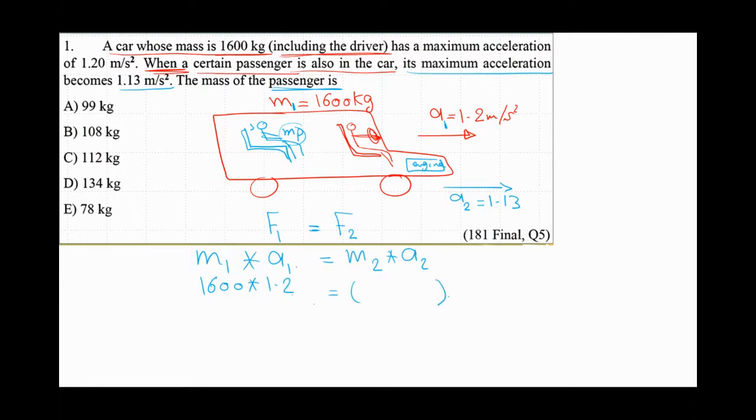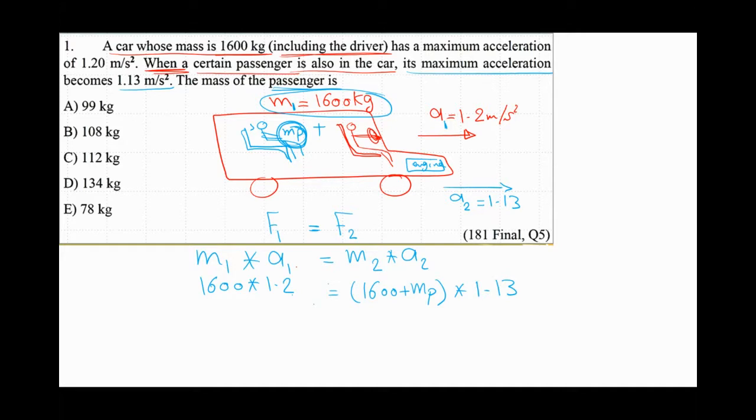The second mass, we will see what it is, times the acceleration in the second case, 1.13. What is the mass of the car in the second case? It's the original mass plus the mass of the passenger. So it's 1600 plus the mass of the new passenger.